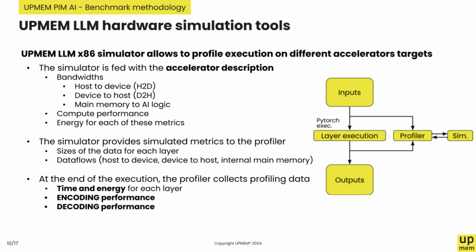We start with the input, which is usually the prompt of the user, and we finish with the inference, the newly generated tokens. We will be executing different layers, so we capture the start and the end of this execution, and a profiler is attached to it, so we can get real metrics from the hardware it is running on. As well, we have a simulator that will simulate the execution on a given hardware profile that we set.